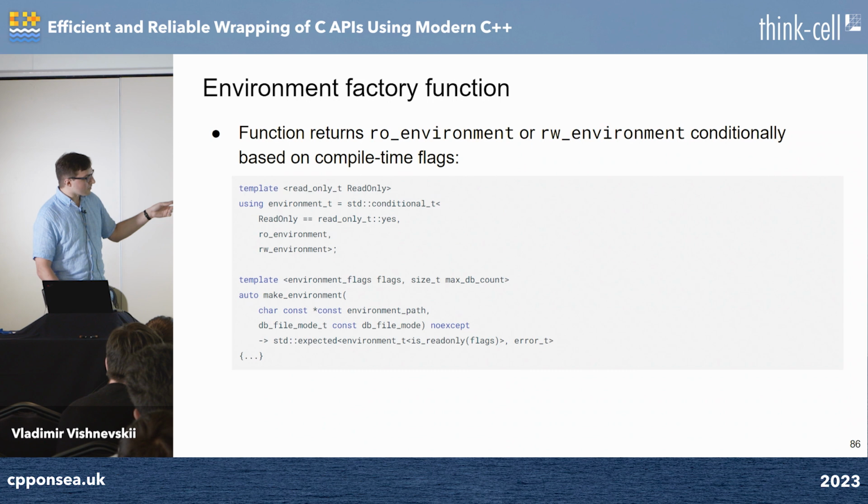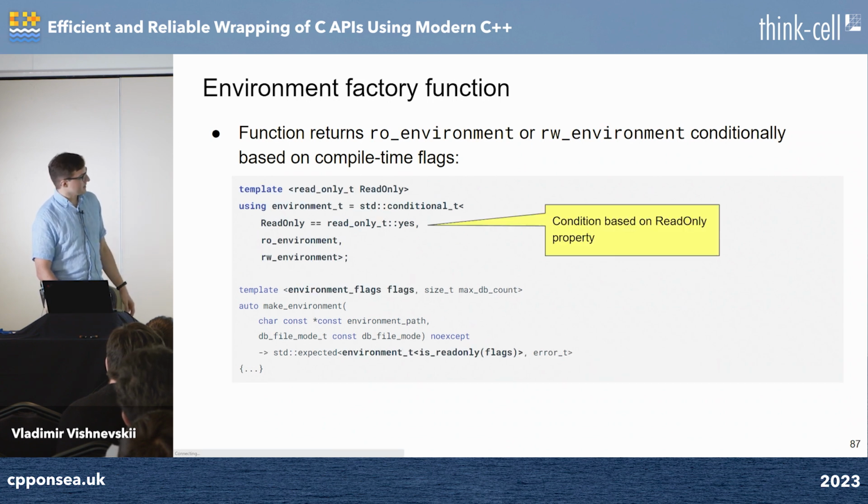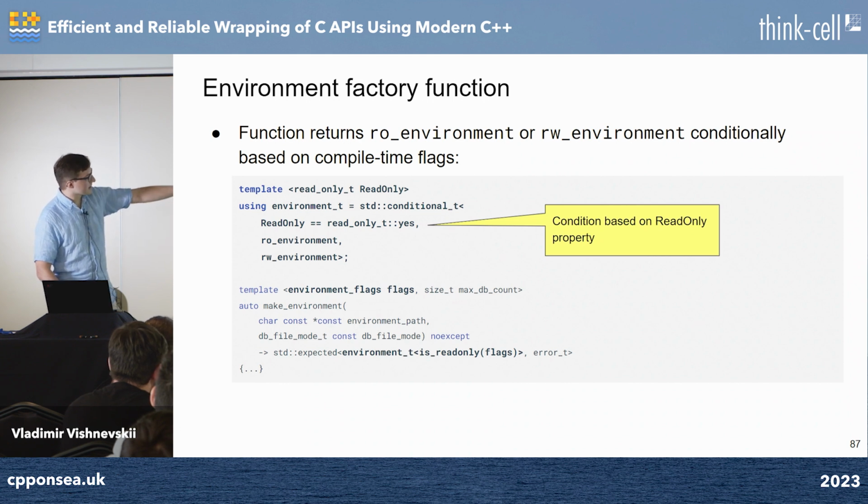And we can then conditionally return something. Our make environment conditionally returns either a read-only environment or a read-write environment based on the compile-time parameter. So we specify read-only. Here is a helper facility, environment_t, that has this read-only_t as a parameter, and then it returns the type and handles this based on this template parameter.